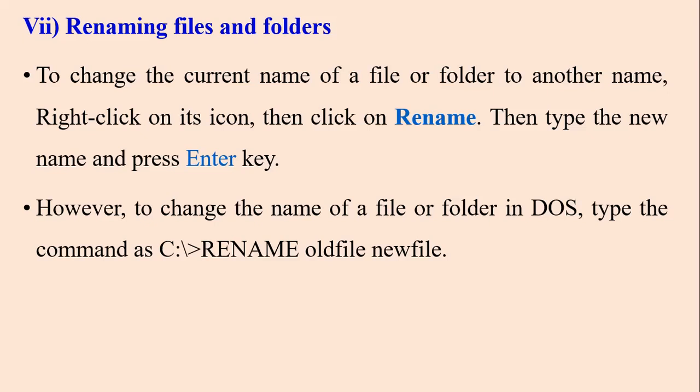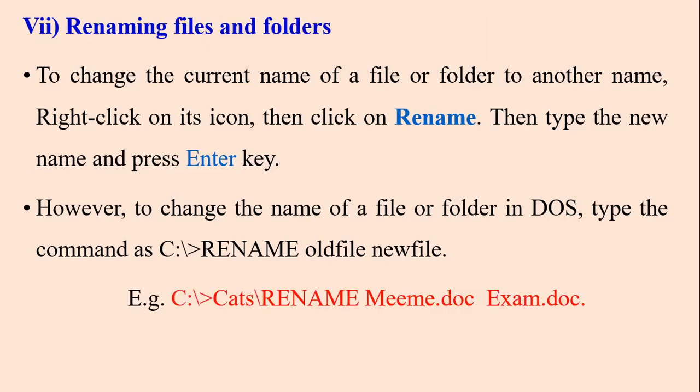In other words, you type the command rename space, type the name of the file or folder that you want to change from, space, the new name that you want to give.